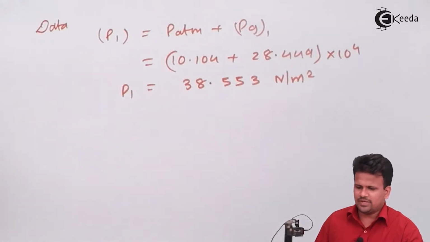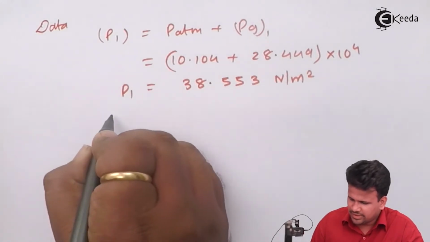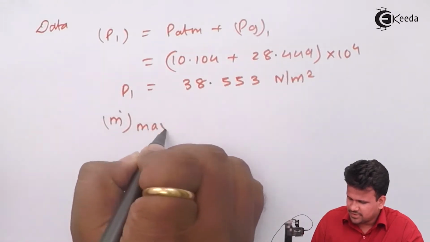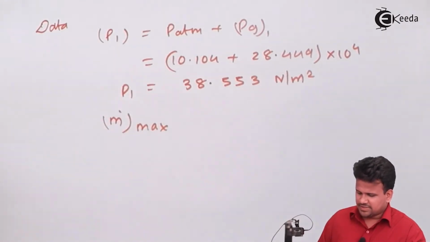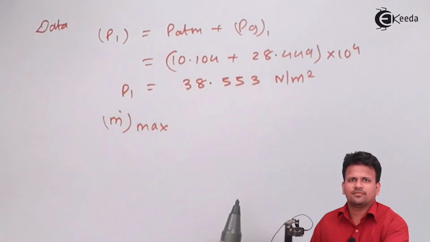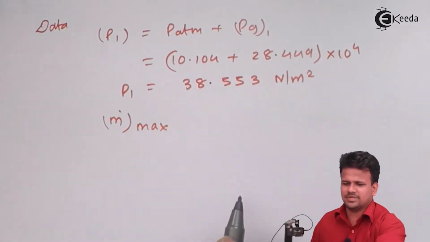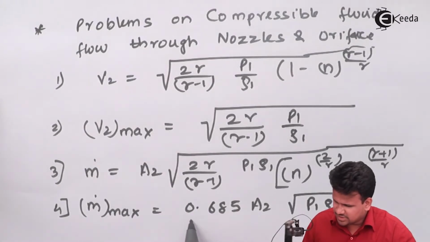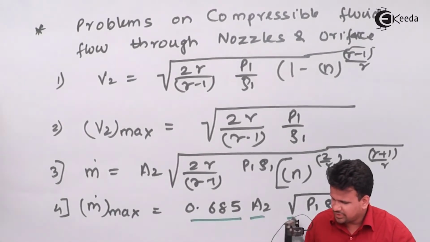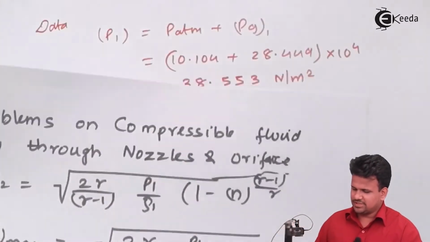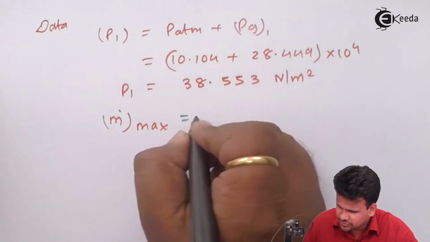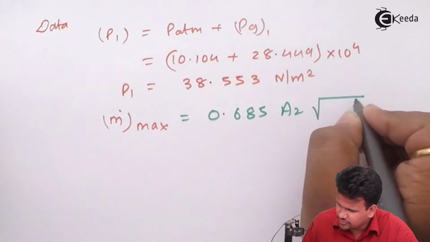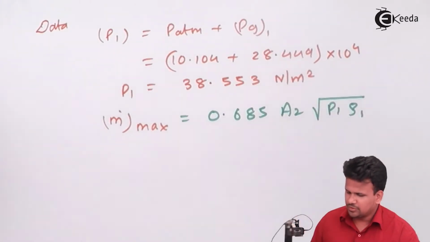Now next, we have to calculate the maximum mass flow rate. The formula which we have from our formula list, which we have written previously, is 0.685 A2 into square root of P1 into rho 1. So let us write down this part: m dot max equals 0.685 into A2 into square root of P1 into rho 1.